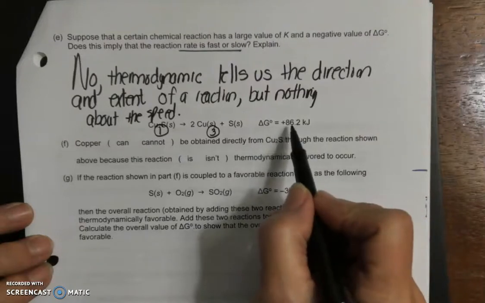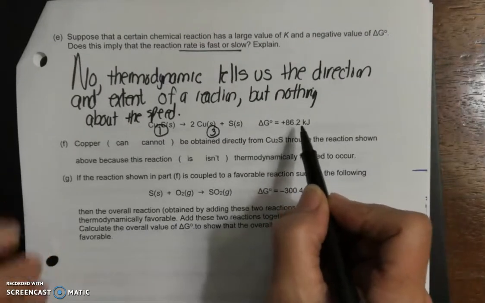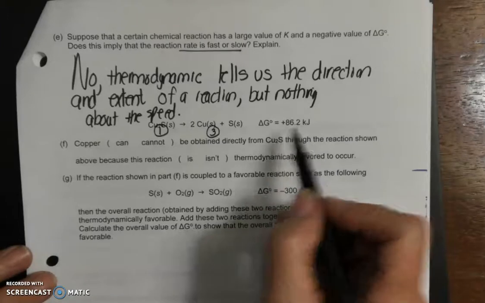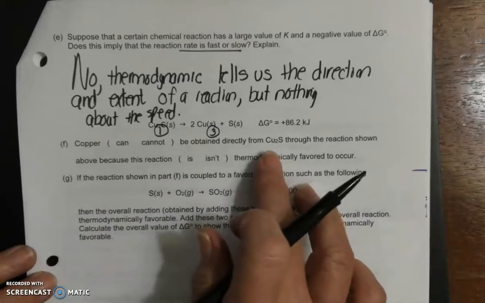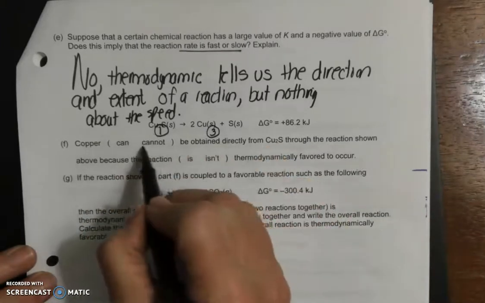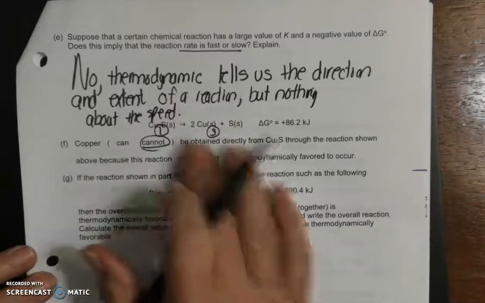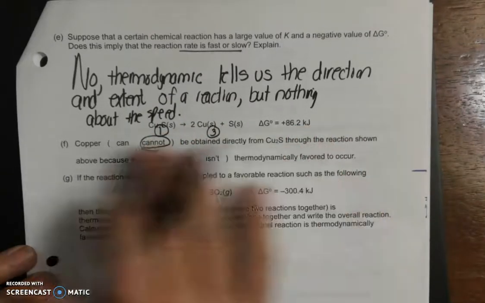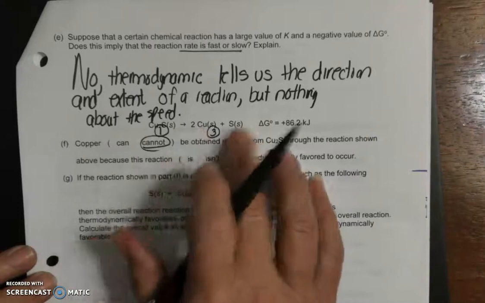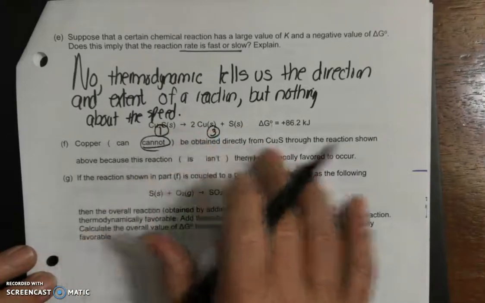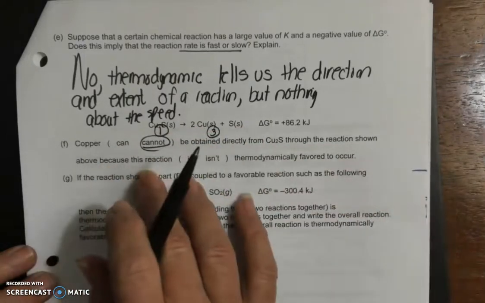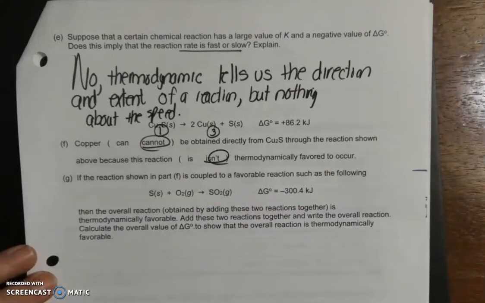My delta G is positive, which means that it's not thermodynamically favored. So copper cannot be obtained directly from this. That's what it tells you. This is how useful this is. If I know this data, I can say copper can't come from this. We're not going to be able to do that easily, right? Because the reaction isn't thermodynamically favored.